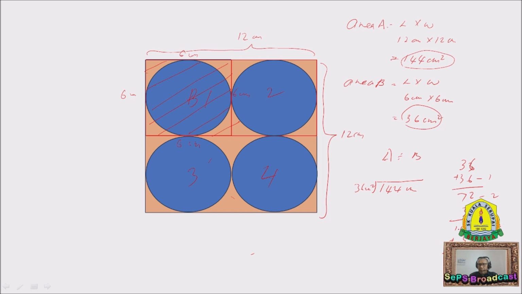This one is 4 times, meaning 36 times 4 equals 144 centimeter square. So it is very clear that Amina can produce 4 pieces of bookmarks. This is what the mathematician or the examiner wants to see. It is in the form of calculation, not in the form of drawings.